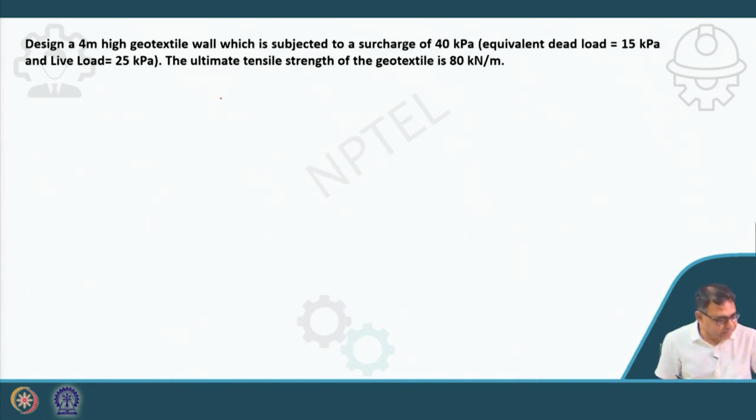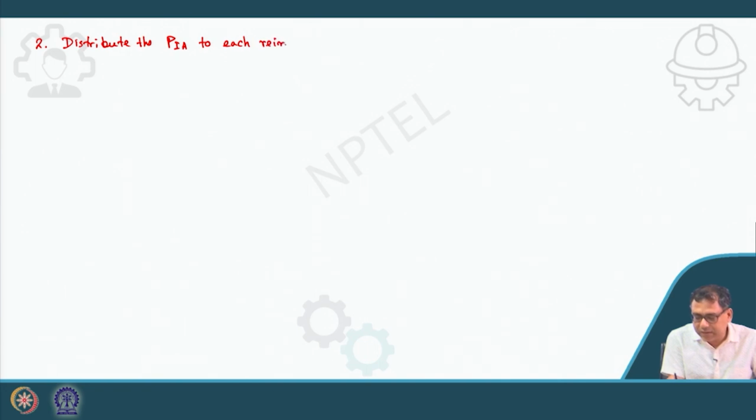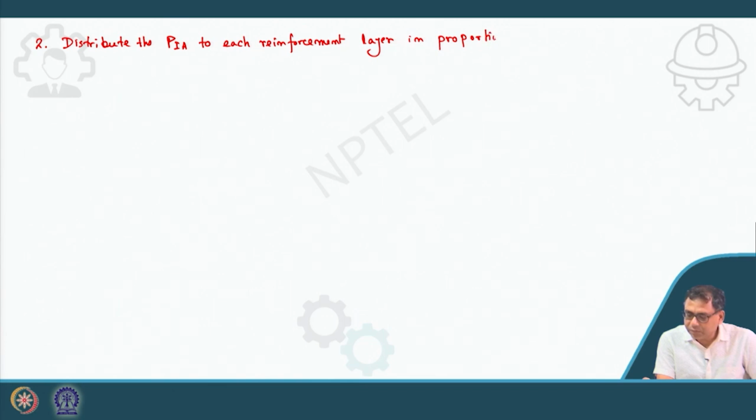Now, once I get the PIA, the next step is to distribute this PIA to each reinforcement layer such that it is proportional to its resistance area.